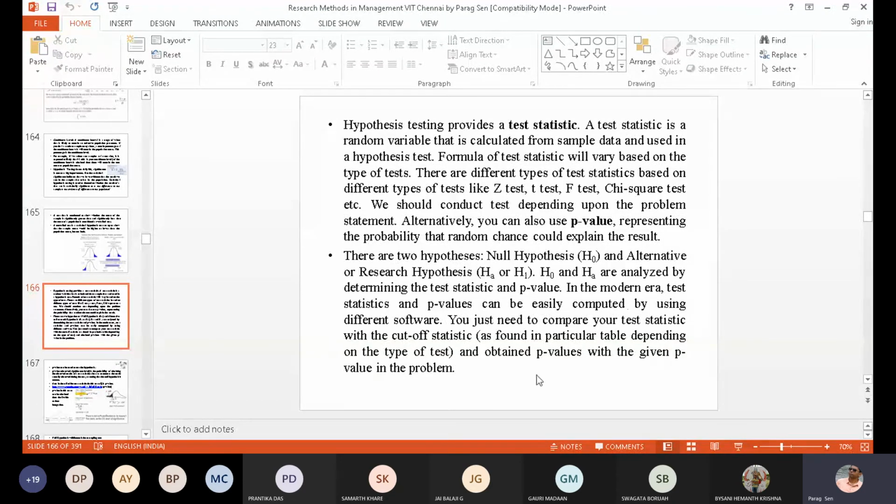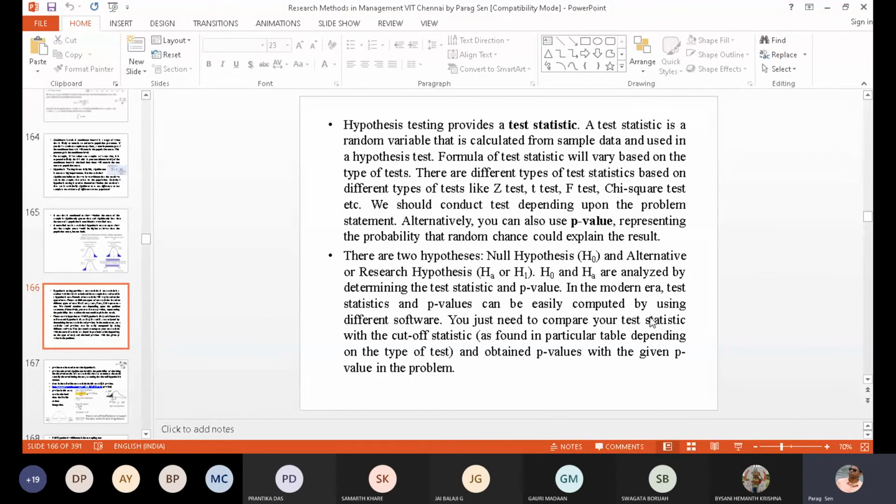Using the value of the test statistic is a little bit difficult. Why is it difficult? Because you need to go through the chart, find out the cutoff value, and compare whether your cutoff value is greater than or less than the test statistic.